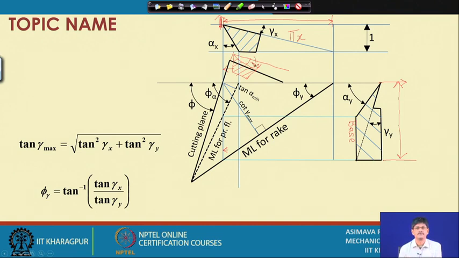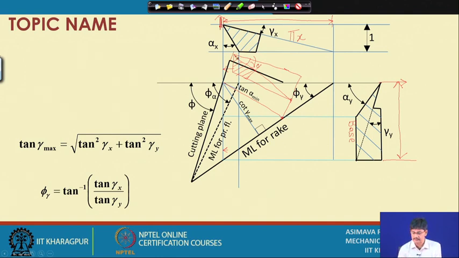This line is also going to slope down, so it will be represented on this line somewhere here. If you join this one, this line is going to represent this very distance.